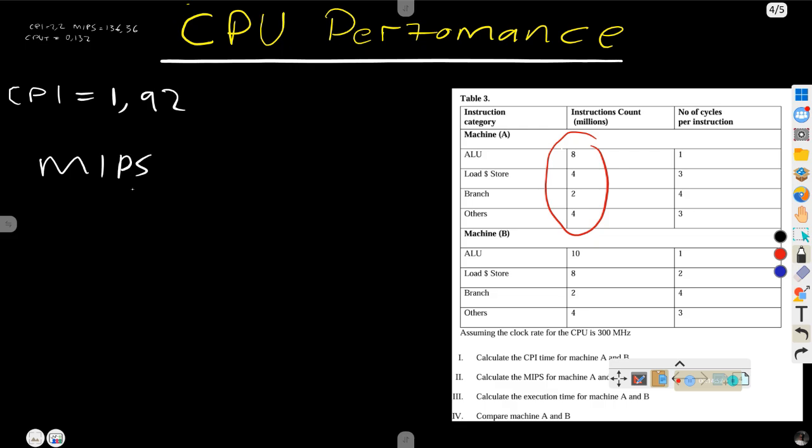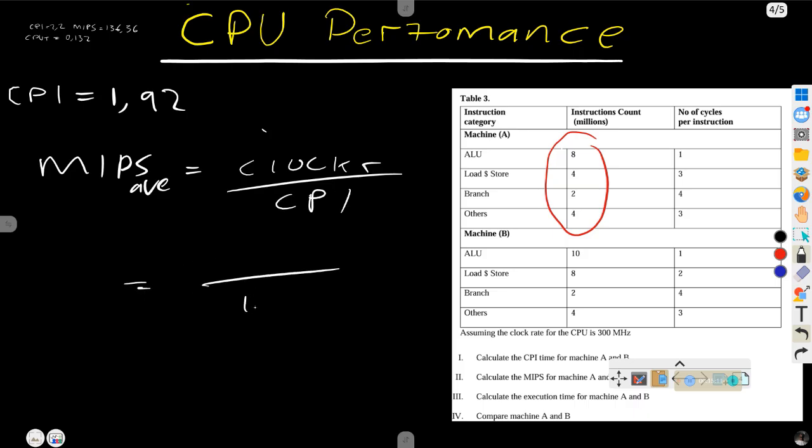The MIPS is a result of the clock rate over the CPI. Now we have a CPI of 1.92 and a clock rate of 300 times 10 to the power 6. By default in the formula, this should be CPI times 10 to the power 6.